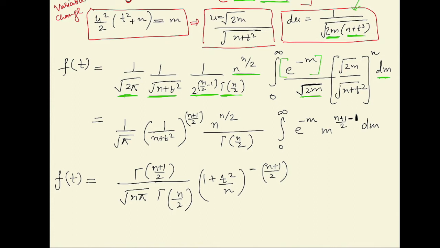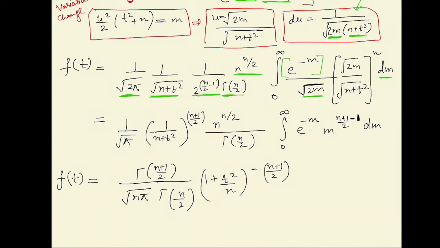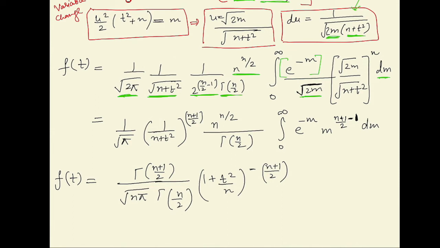Then further we just keep all the terms of m here. So this expression becomes e raised to power minus m, and m raised to power n by 2 here, and here we have m raised to power 1 by 2, which becomes m raised to power n minus 1 by 2, which can be written as m raised to power n plus 1 by 2 minus 1.